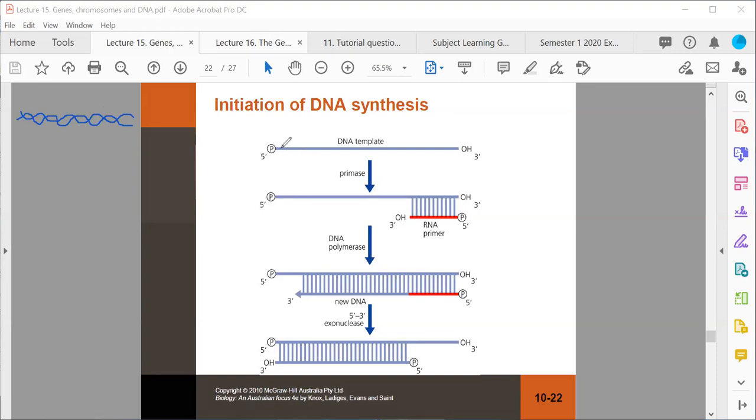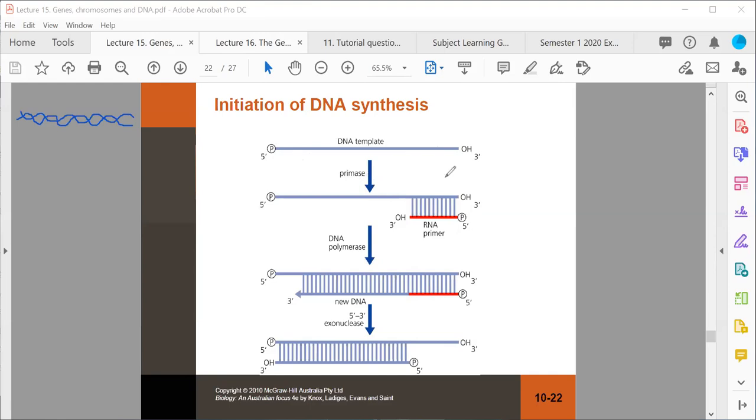So what we're looking at here is just one strand of DNA, and this one goes from 5' to 3'. All right, the first enzyme to come along, that is after the gyrase and the helicase, is this enzyme called a primase.